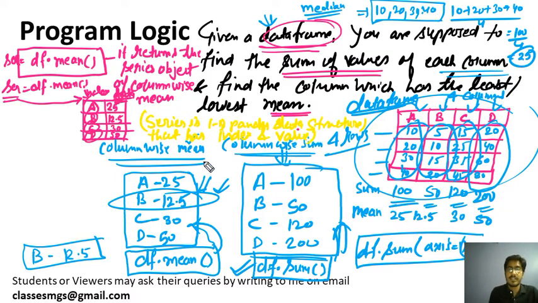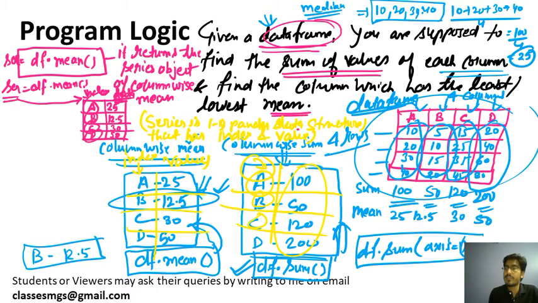Okay, like this. So this is also a series object. df dot sum also returns a series object in which the index is the column name and the value is the sum. In the case of the mean function, it will return A, B, C, D. The index will be the column name and the values will be the means.